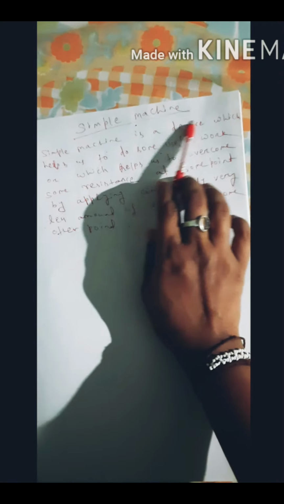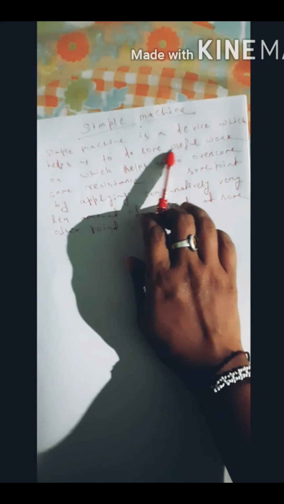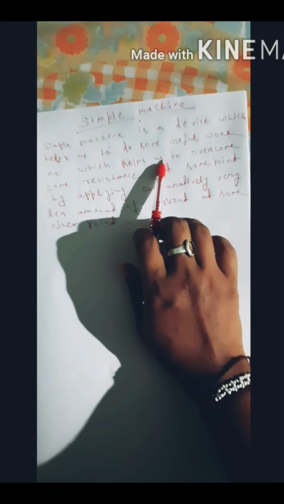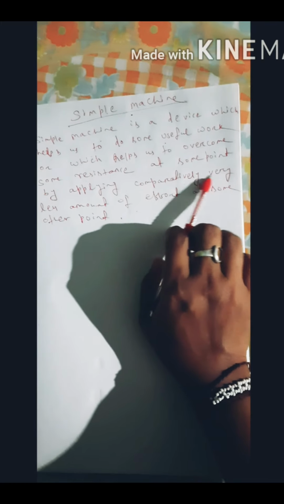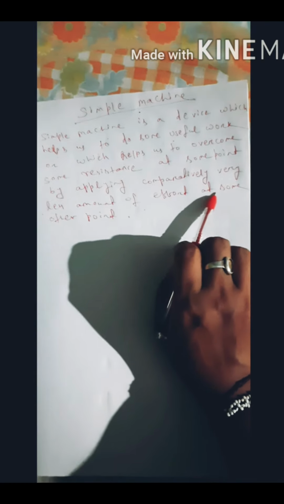So I will tell the definition again. So simple machine is a device which helps us to do some useful work or which helps us to overcome some resistance at some point by applying comparatively very less amount of effort at some other point.